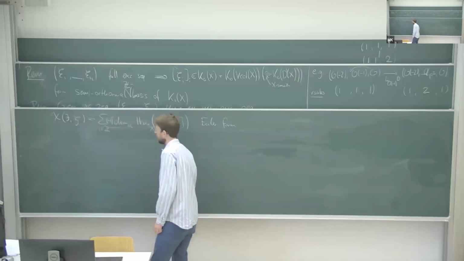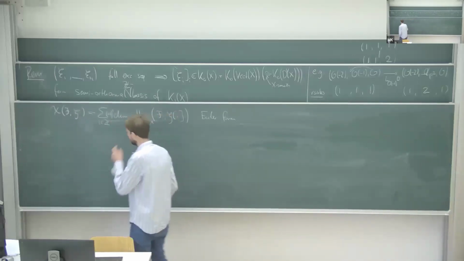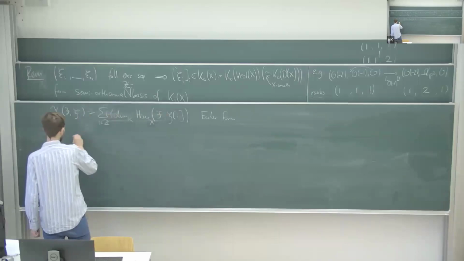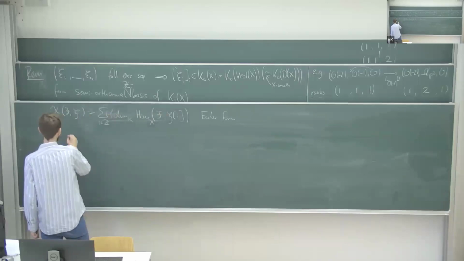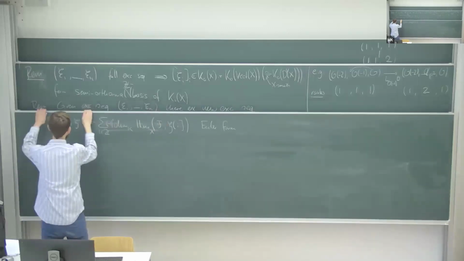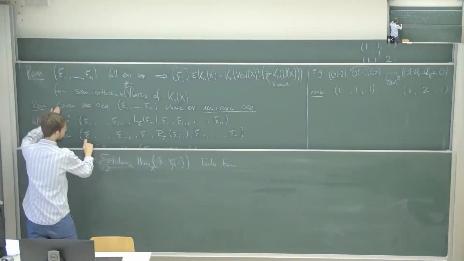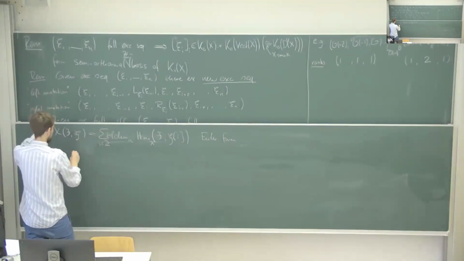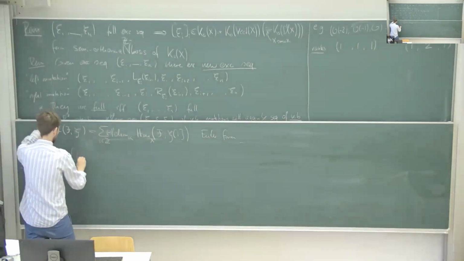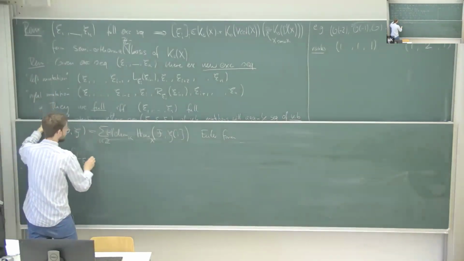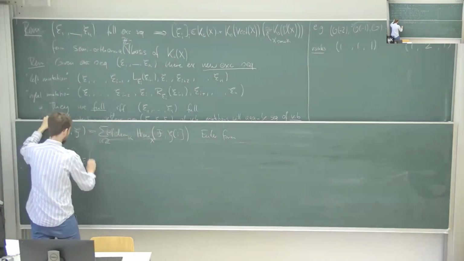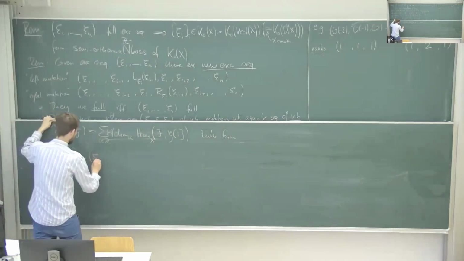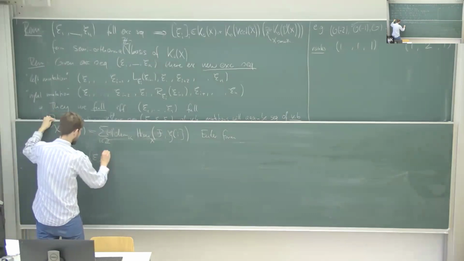And now the mutation, so let's say we take the left mutation, the class of the left mutation, and here we have E_{i+1}.